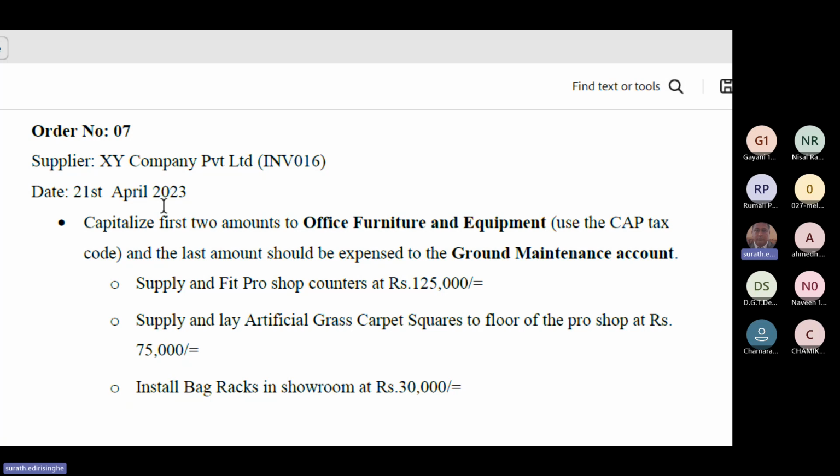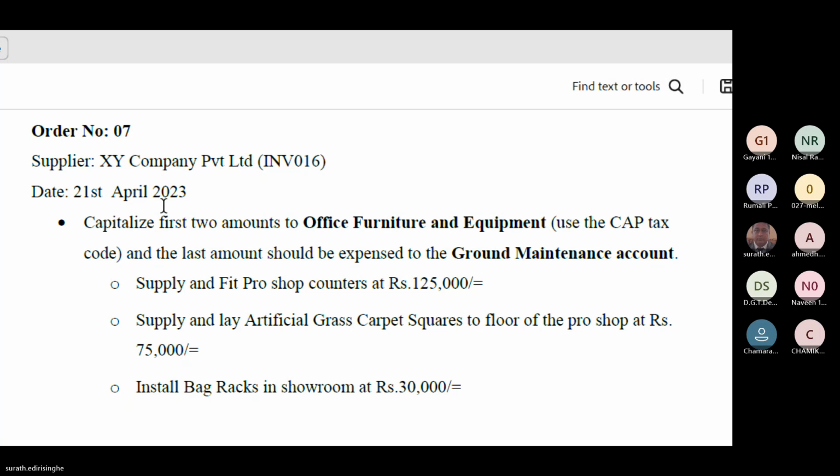Even in the final exam, only the transaction nature is given on paper. The transaction content, other details and integration have to be decided by the candidate. Third one, bag racks. Step number 1: create the inventory for the 3 items.